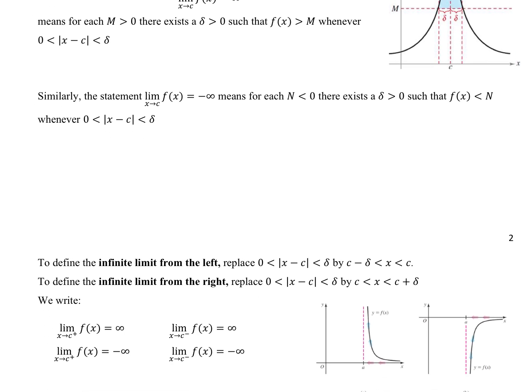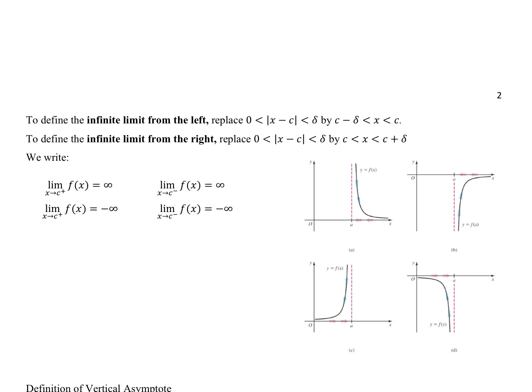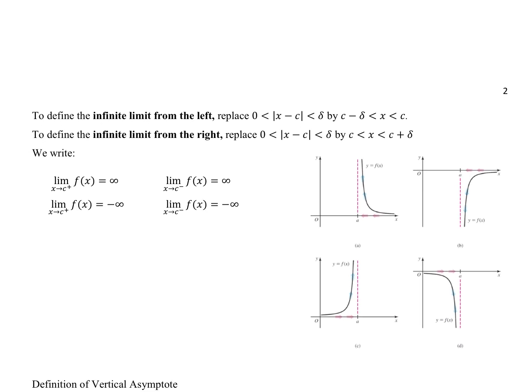To define the infinite limit from the left, it's defined similarly. We just need to specify that here x is approaching c from the left, so it's inside the range from c minus delta to c. And for the infinite limit from the right, x will be restricted to the range to the right of c.